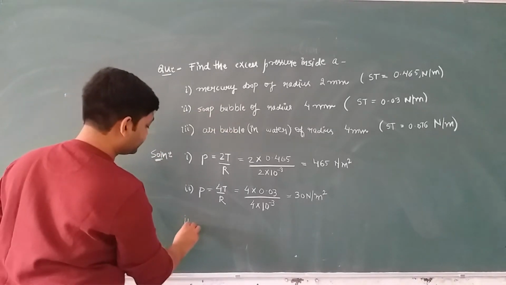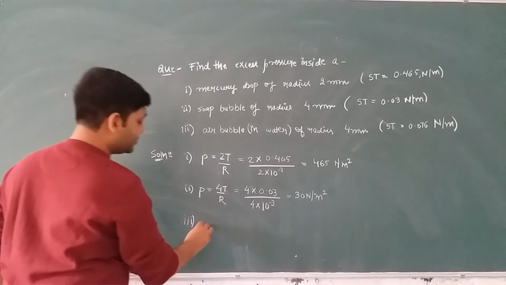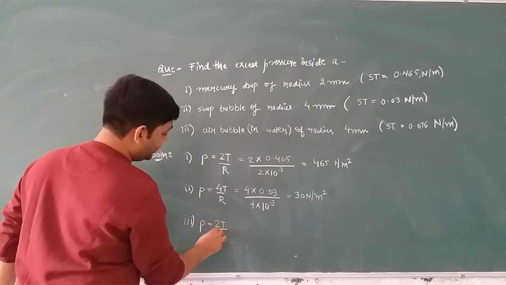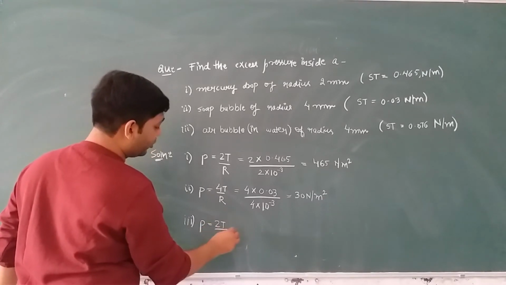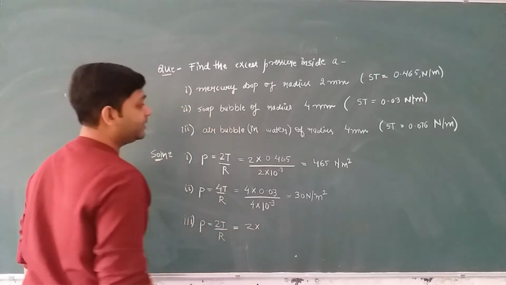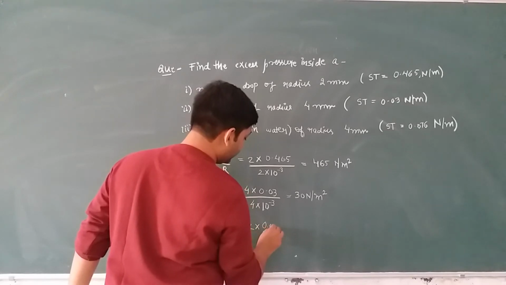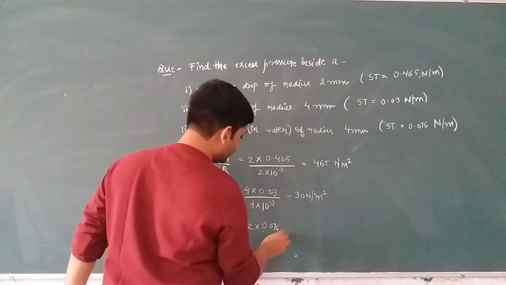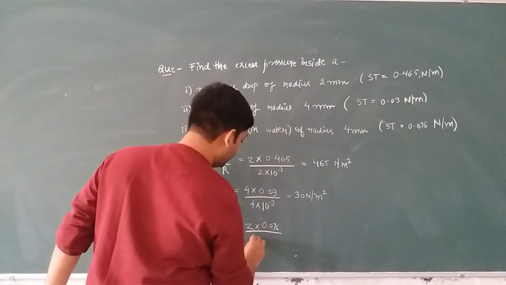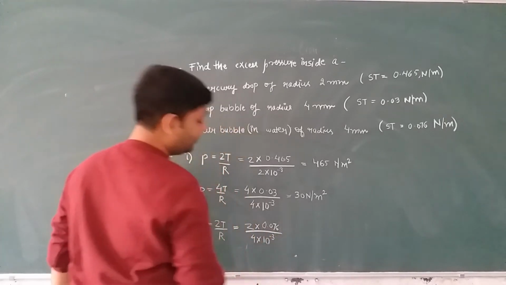Third part, air bubble in water. The value of excess pressure is again given by 2T upon R. This case is similar to a liquid drop in air. So 2 multiplied by the surface tension of water, 0.076, upon the value of R, which is 4 mm, that is 4 multiplied by 10 raised to the power minus 3 meters.